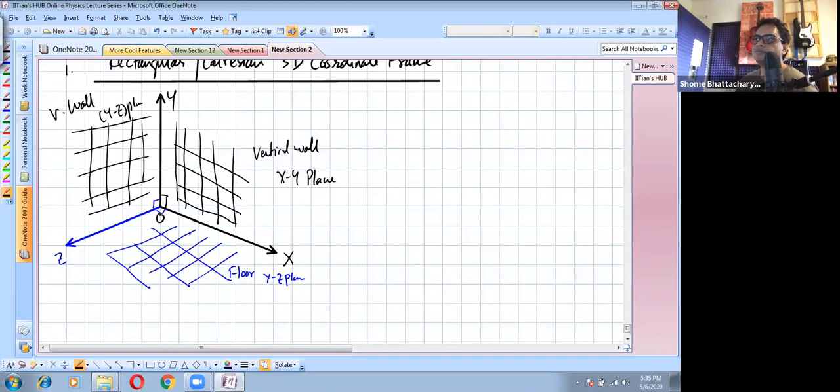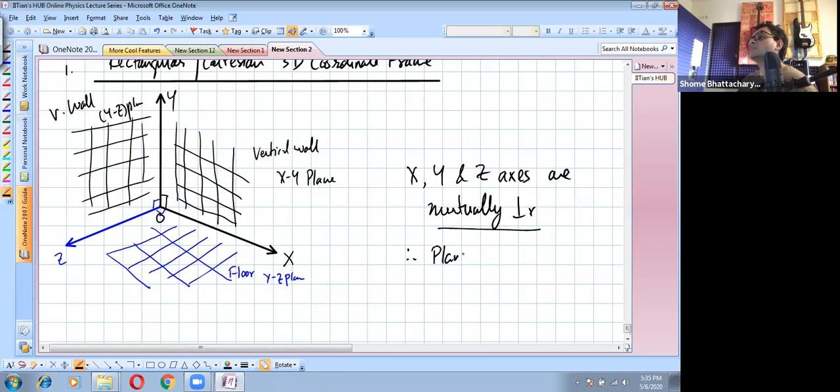That is your common point. So that is what we mean by the x, y, and z axes being mutually perpendicular.